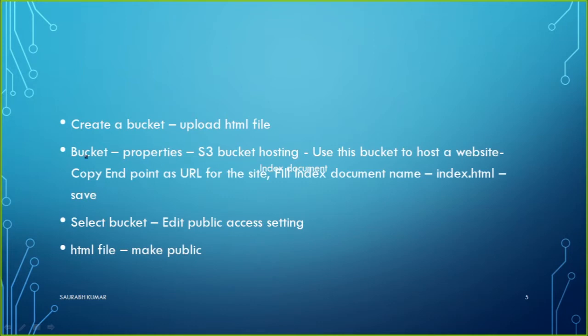For that, we have to go to the properties of the bucket. In the properties of the bucket, you will find an option for S3 bucket hosting. This is the option we have to look for, and from there we are going to start this service.